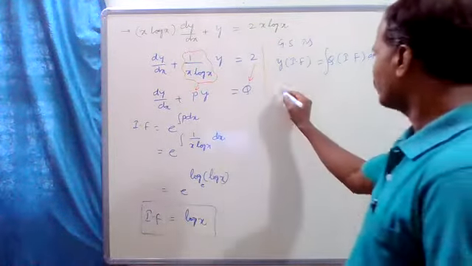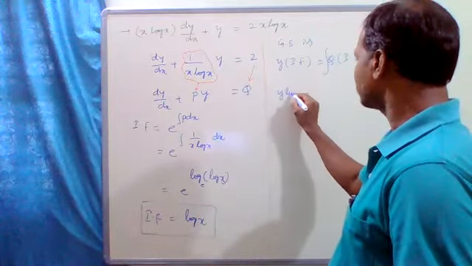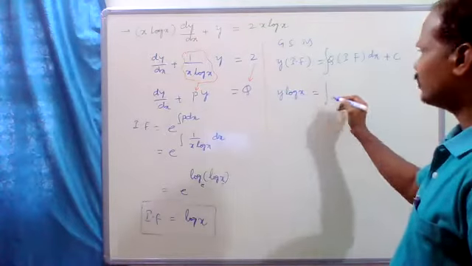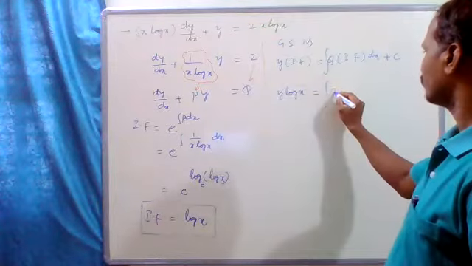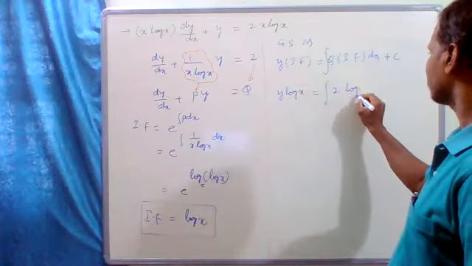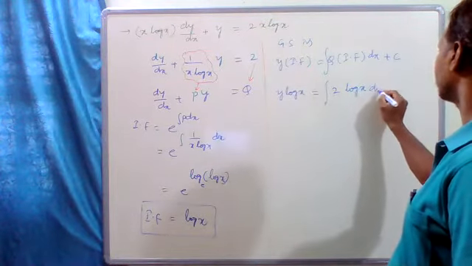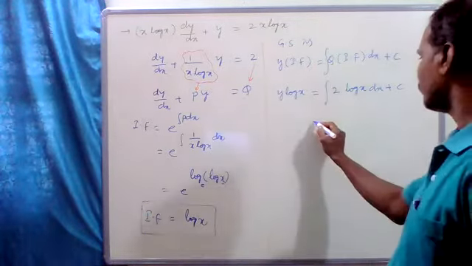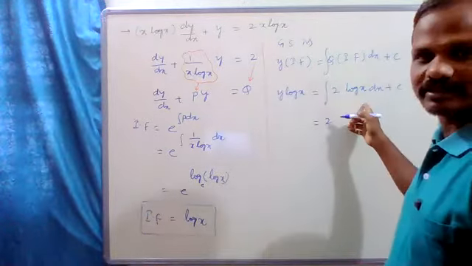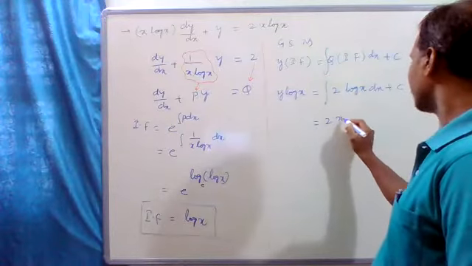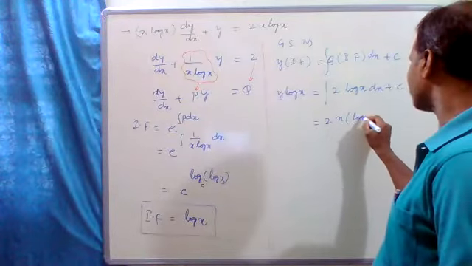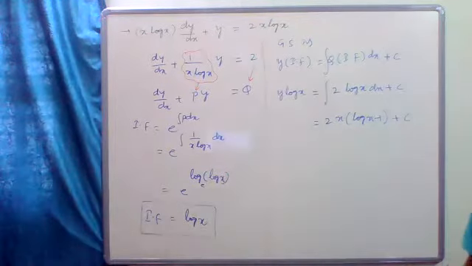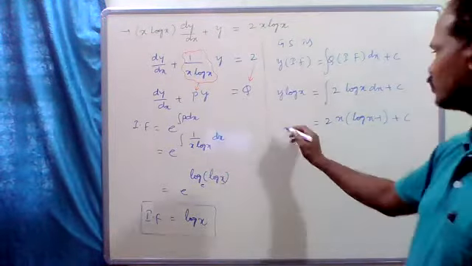Now y into log x equal to integral, what is q? q is 2, so 2 log x dx plus c. This is equal to 2 into integral log x. Integral log x is x into (log x minus 1) plus c. So this is the solution.